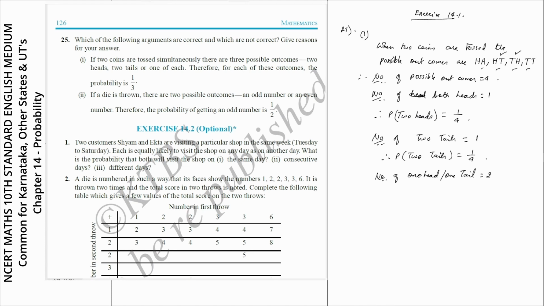Therefore the probability that 1 head and 1 tail is coming is equal to 2 by the total number, that is 2 by 4. This is equal to 1 by 2.